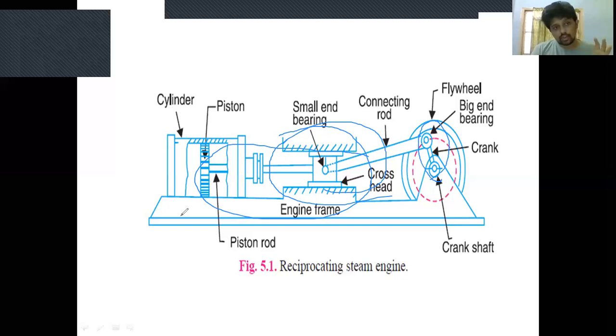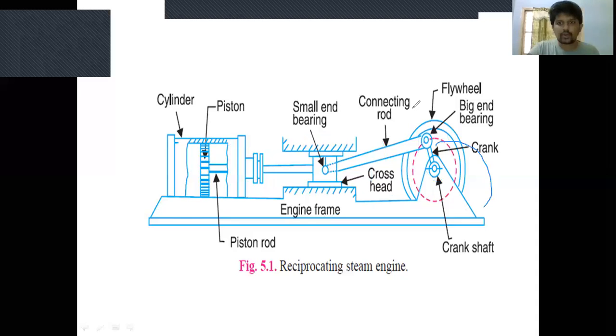And if you look at the reciprocating engine as a whole, the basic concept is that the crankshaft starts rotating, so the piston starts reciprocating. So the piston and the crank also have a link between them because if one and the other have relative motion, we define it as a kinematic link or an element.